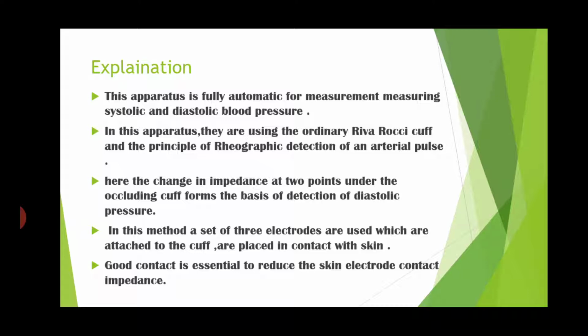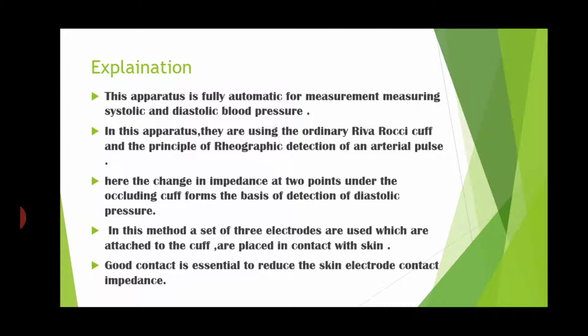This apparatus is fully automatic for measurement of systolic and diastolic blood pressure. In this apparatus, they use the ordinary Riva-Rocci cuff and the principle of rheographic detection of the arterial pulse.